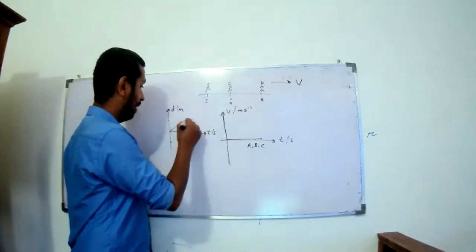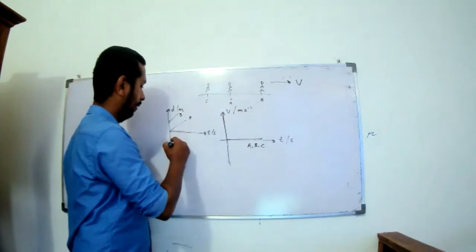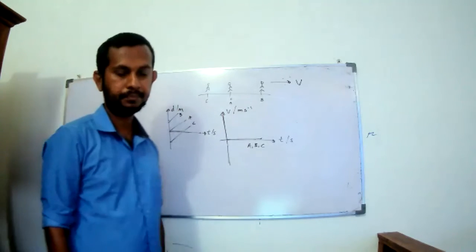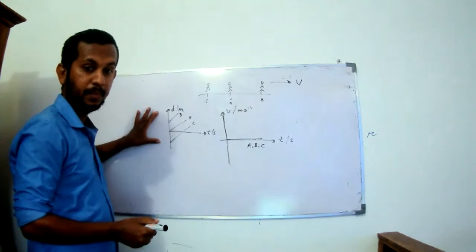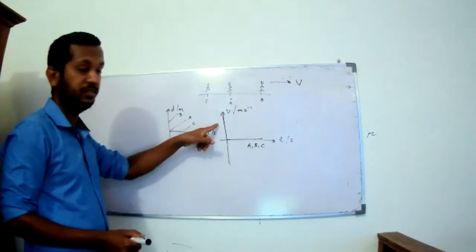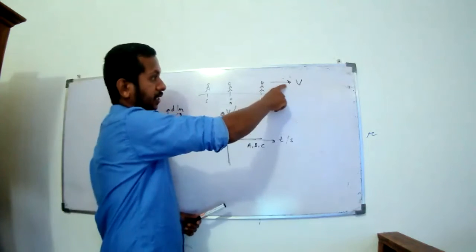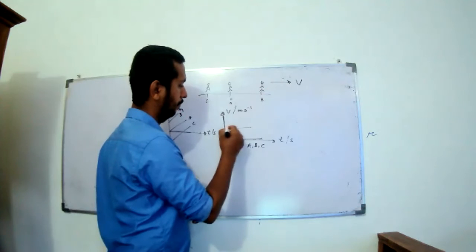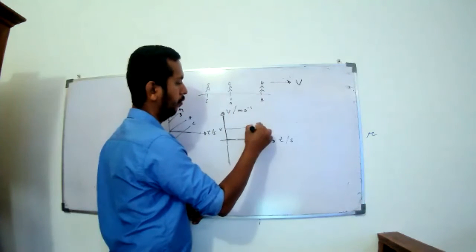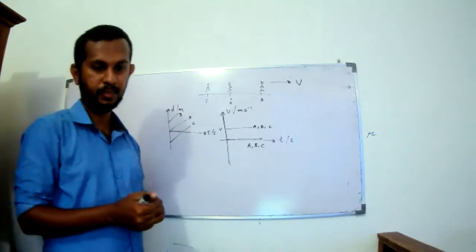Remember that A's graph came like this, B's graph came like this, C's graph came like this. Because this is the displacement time graph and this is the velocity time graph. Now the person is moving towards the positive direction with uniform velocity. Here is v for A, B, C, the same graph for all. With uniform velocity.